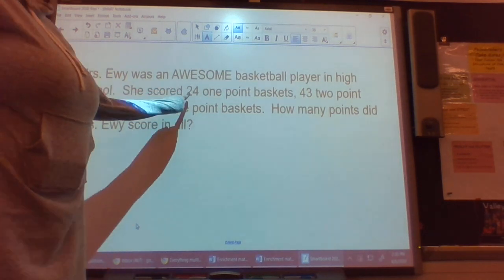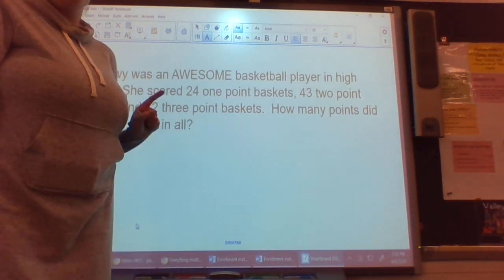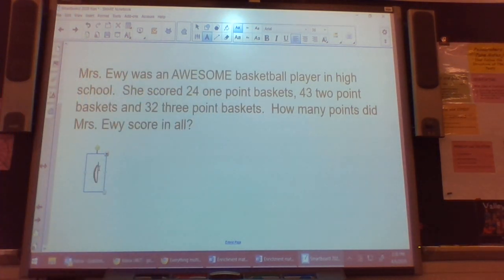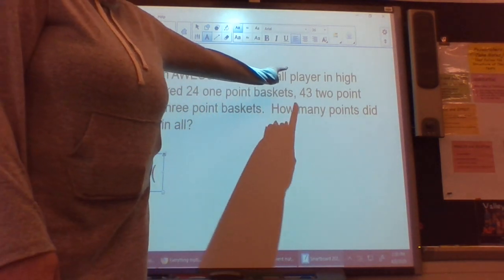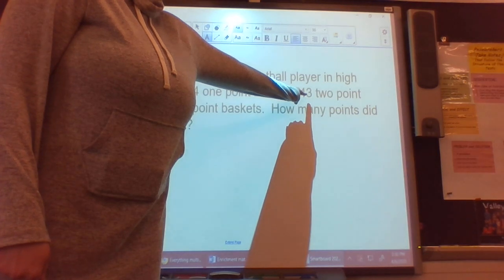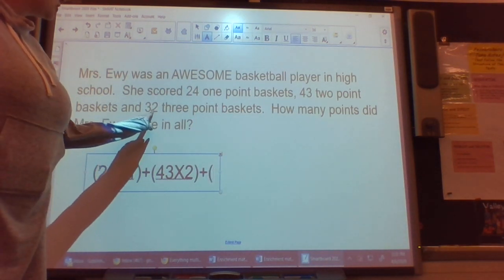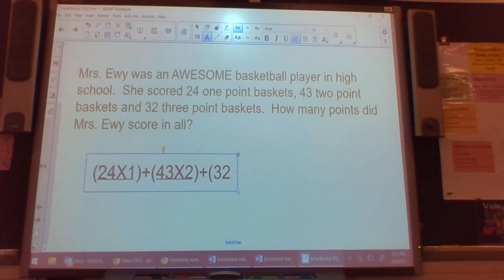I know 24 when it's just 1 point, so it's just going to be 24 points for just the 1-point baskets first. Excellent. Now I'm going to add that with 43, but they're 2 points. So I'm going to do 43 times 2 to solve that one. And then my last one is 32 3-point baskets.